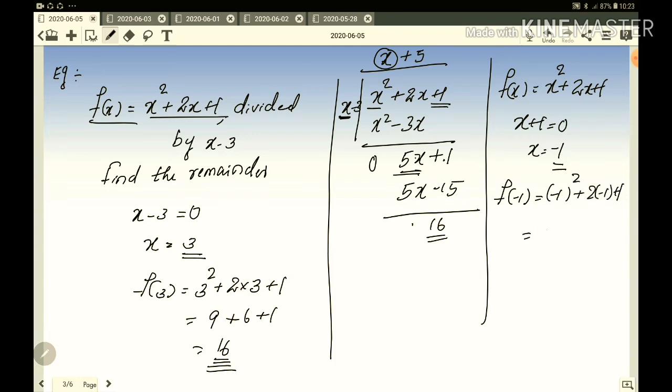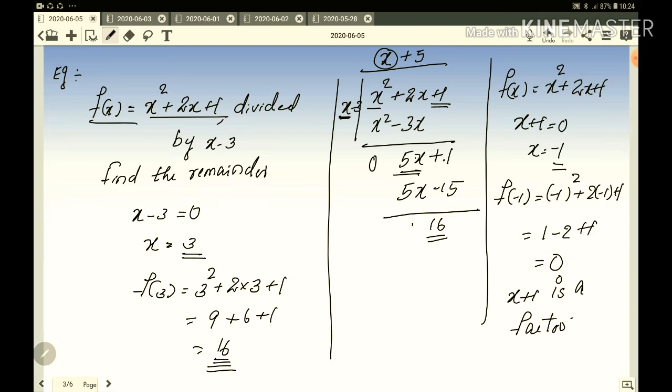Minus 1 square is 1, plus 2 times minus 1 is minus 2, then plus 1. So you will get what? 0, which means x plus 1 is a factor. Do you understand? x plus 1 is a factor.